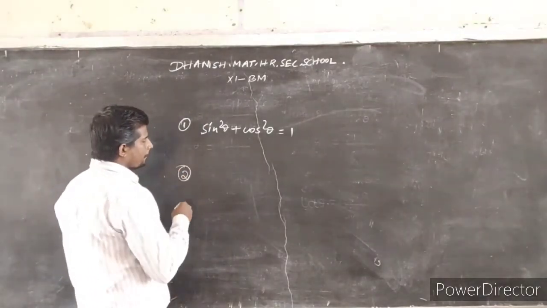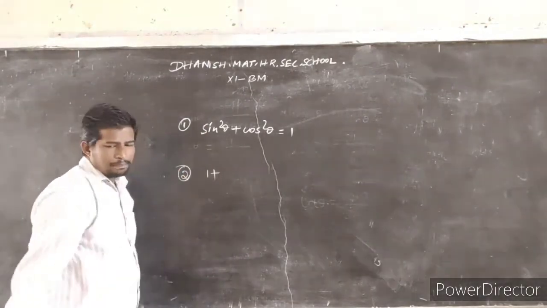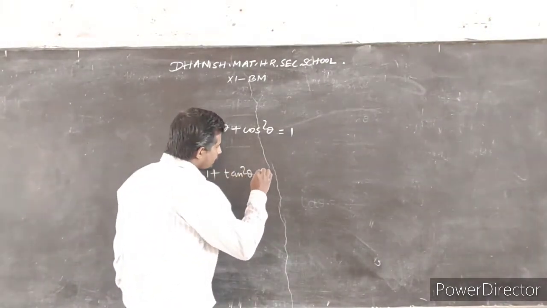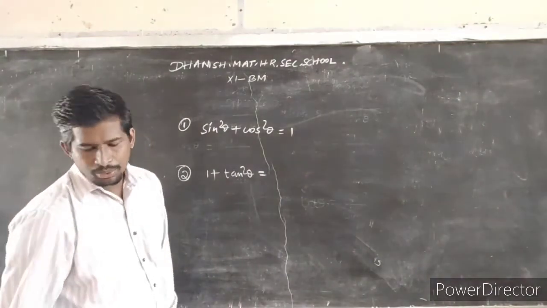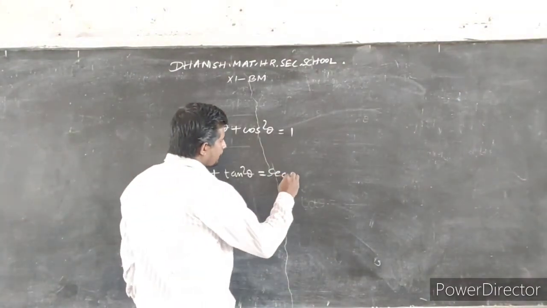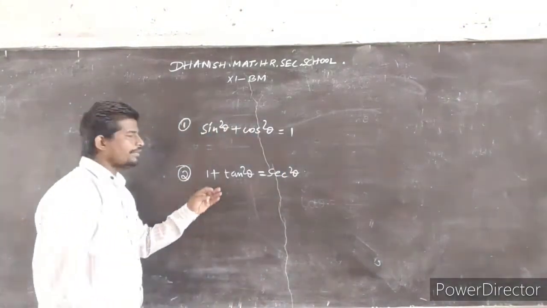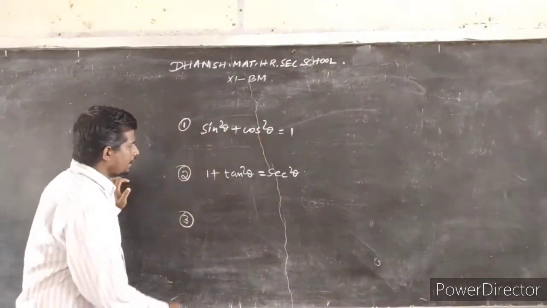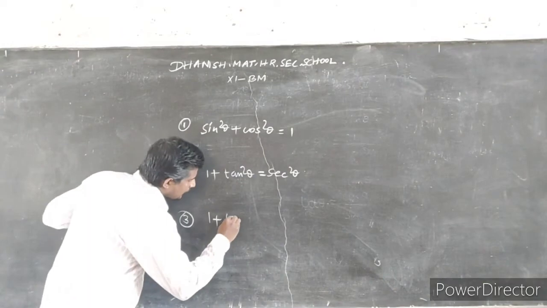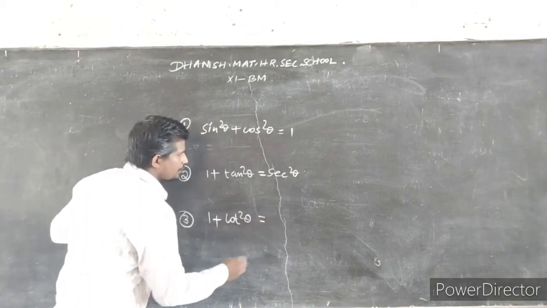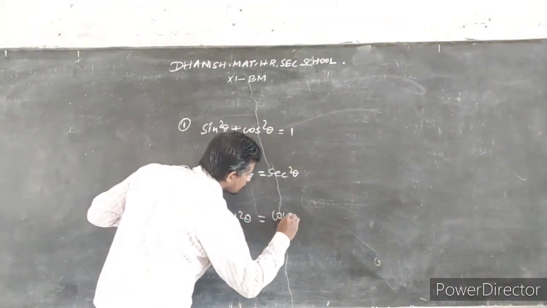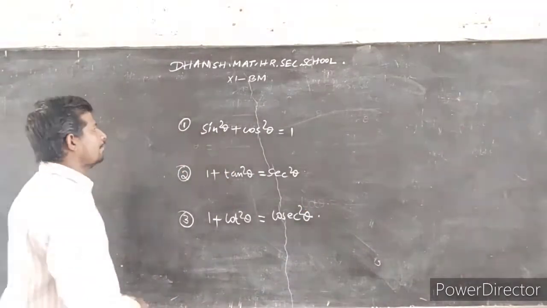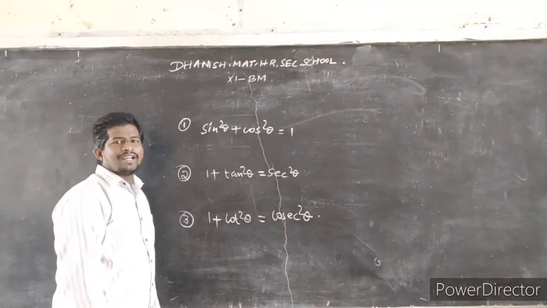Then, second one, 1 plus tan square theta equal to secant square theta. From this also we can write 2 more identities. Then third one, 1 plus cot square theta equal to cosecant square theta.